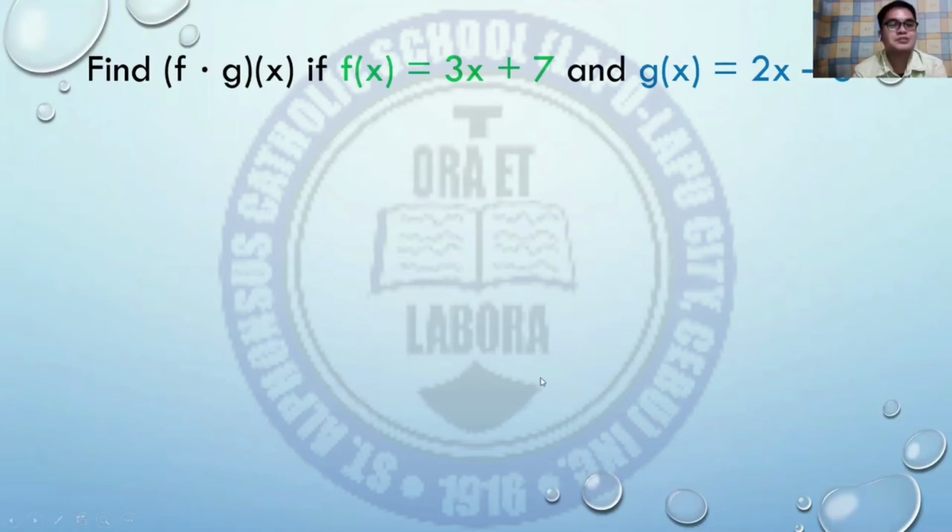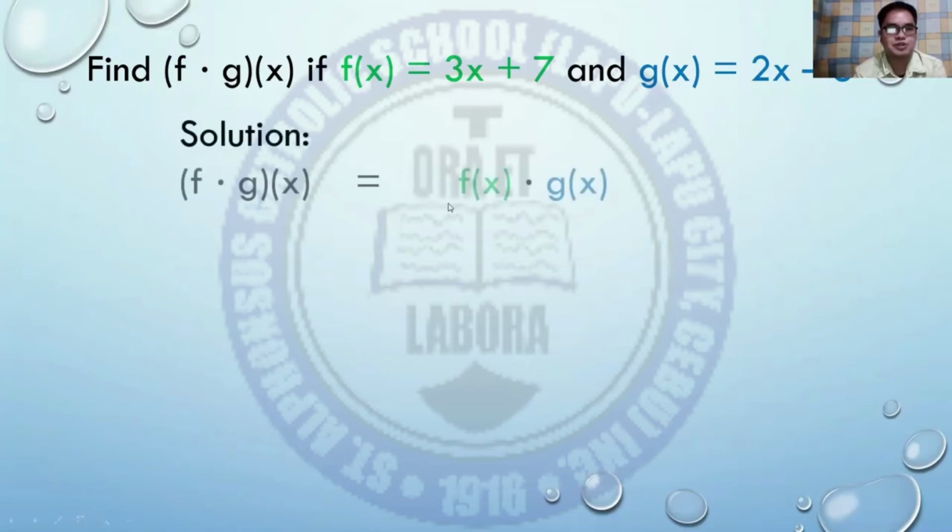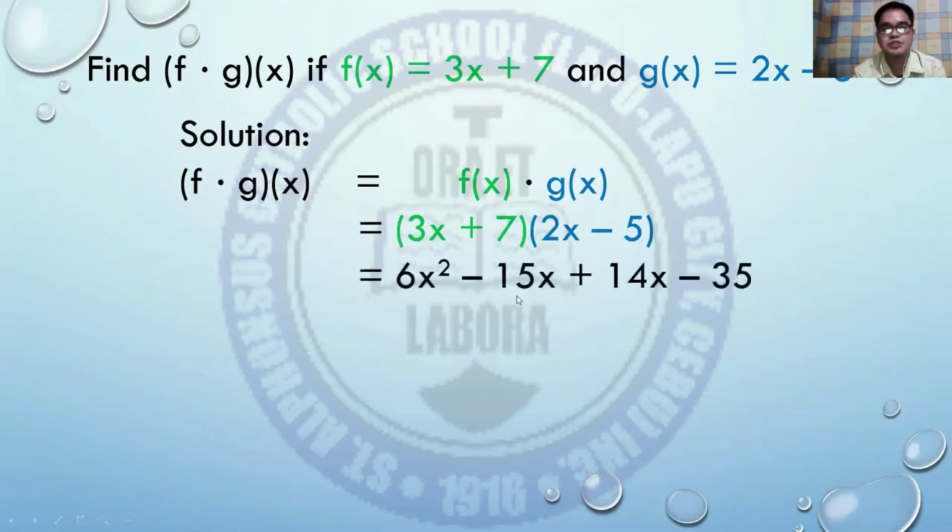Now let's proceed to find the product of the two functions. Here is the solution. F times g of x equals f of x times g of x. Now, substitute the equivalent expressions, which are 3x plus 7 and 2x minus 5. So what you're going to do is use the distributive property. 3x times 2x, the answer is 6x squared. 3x times negative 5, the answer is negative 15x. 7 times 2x, the answer is 14x.